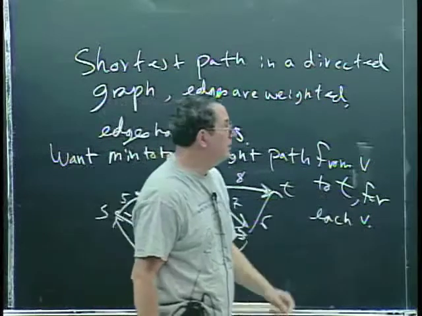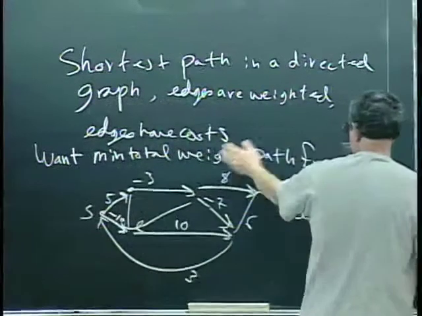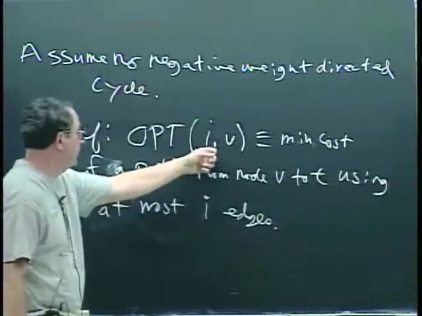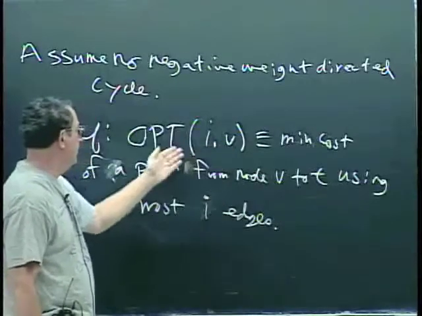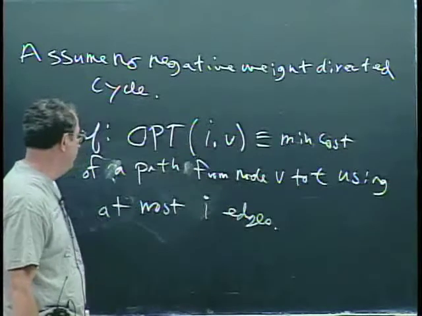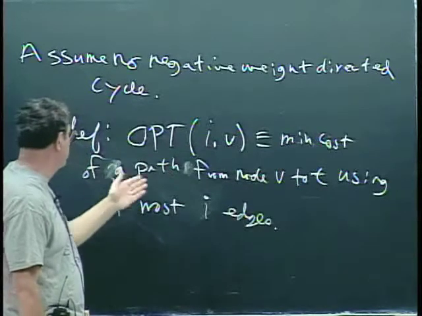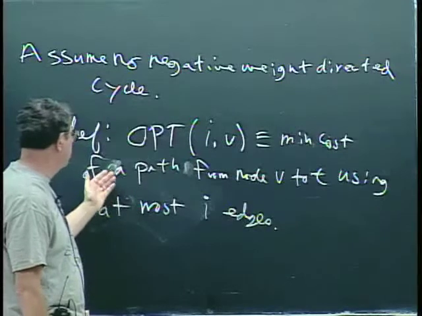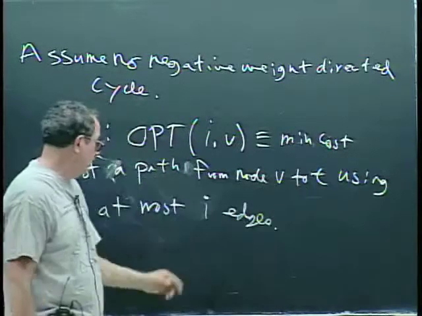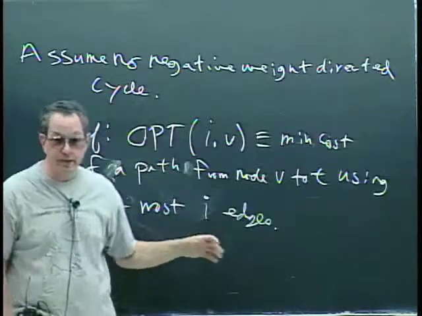And then if this is my general problem, and if I specify an I and I specify a particular V, then I'm saying what's the minimum cost? The minimum cost of a path from node V to T using at most I edges. That is a restriction.